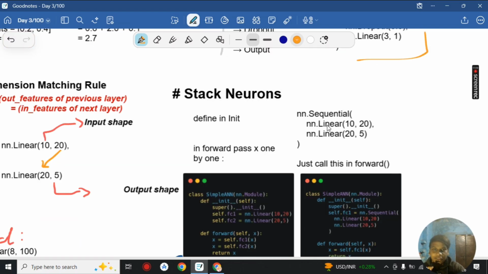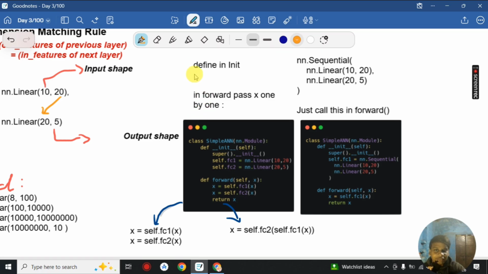Okay, now how do we actually stack it? First, there are 3 ways to stack it. First, define all layers in the init. Like inside the init we initialize our 2 linear layers. Here the output features should be the same as the input features, which is practically the same.